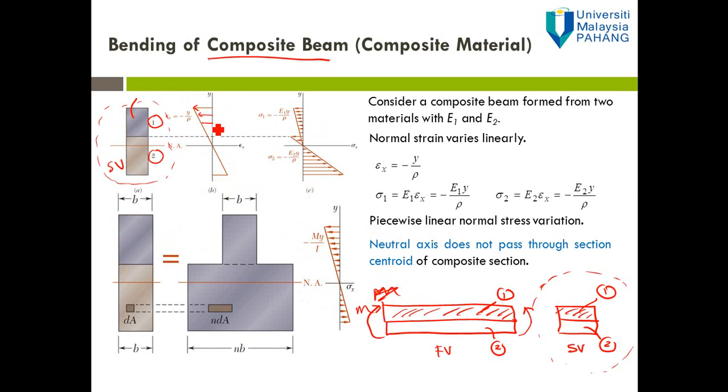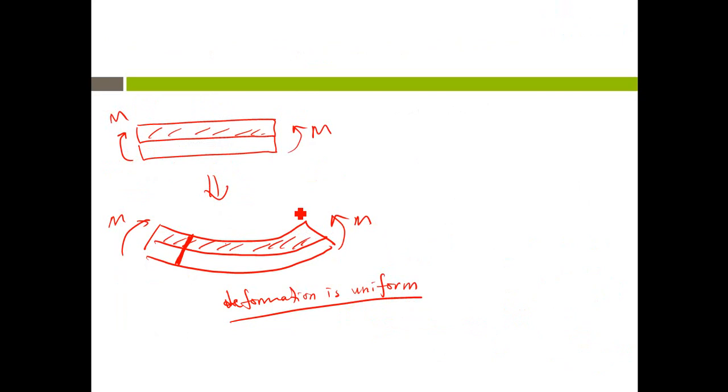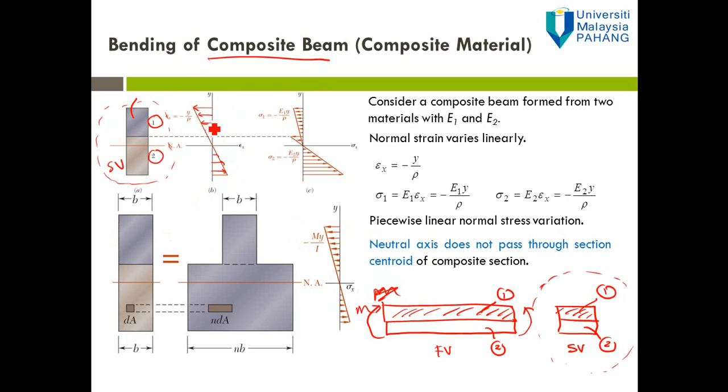So you can see here the strain is nicely distributed. Why? Because the deformation is uniform. We can relate the strain with the deformation, so when the deformation is uniform, the strain distribution is also uniform. Alright.